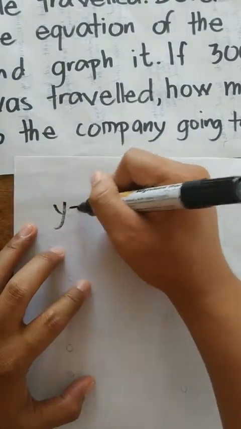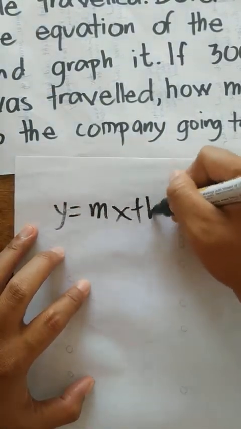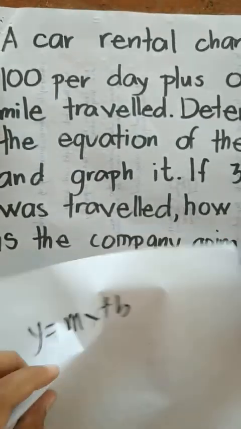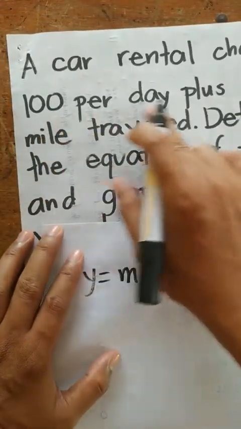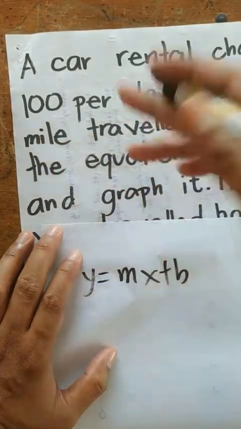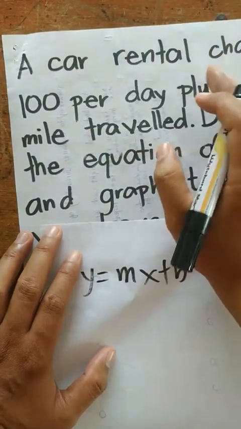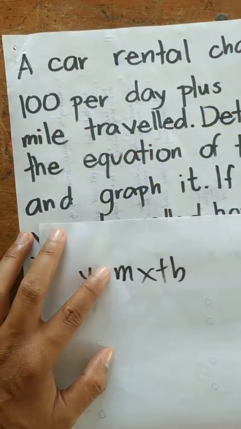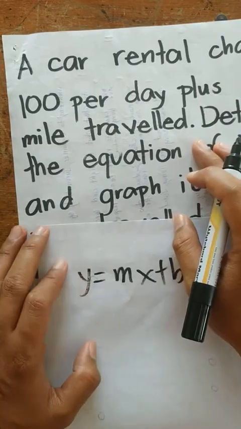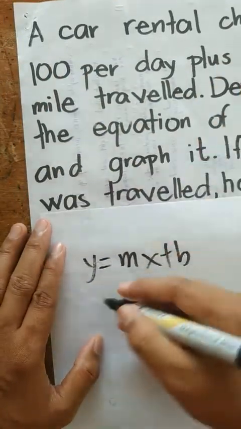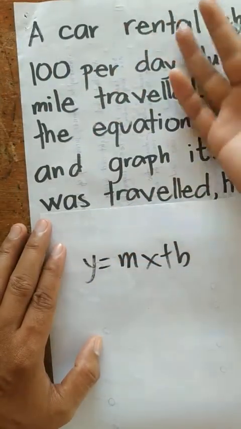First, let us try to determine which is which. It says here, a car rental charge is 100 per day. No matter how long you rent that car, you are going to pay 100 per day. Obviously that will be our y-intercept because it's not moving, it's always 100.